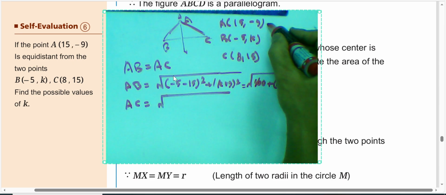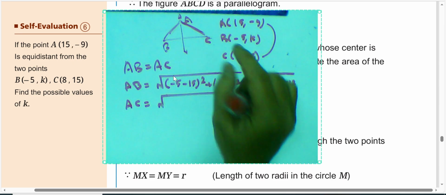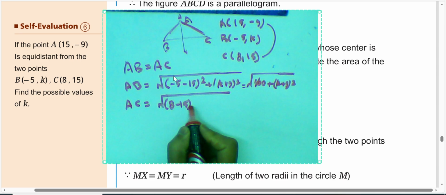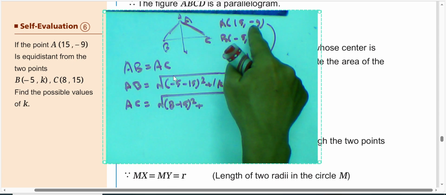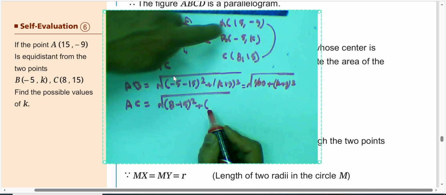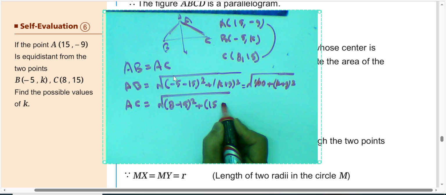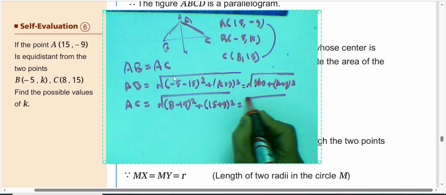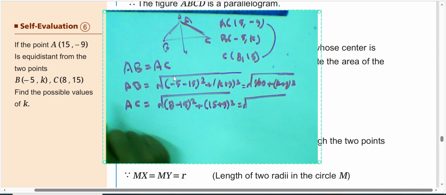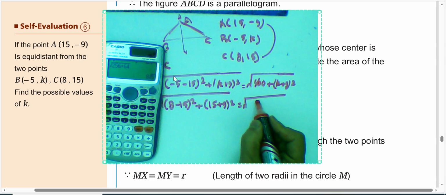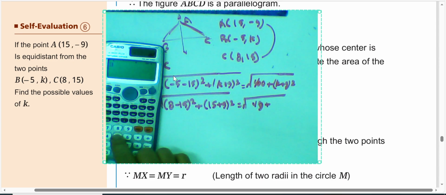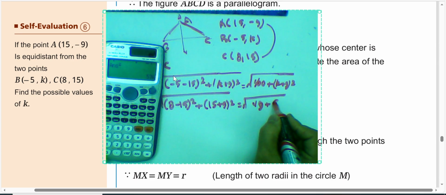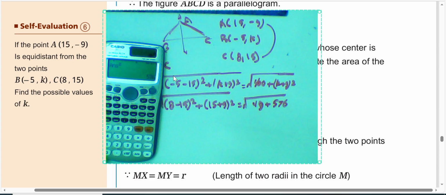A and C. Okay. 8 minus 15, power 2, and 50 minus negative 9, it will be 50 plus 9. Change the sign here, okay? 8 minus 15, negative 7, power 2, it will be 49. 50 plus 9 equals 59. 59 power 2, 3481.